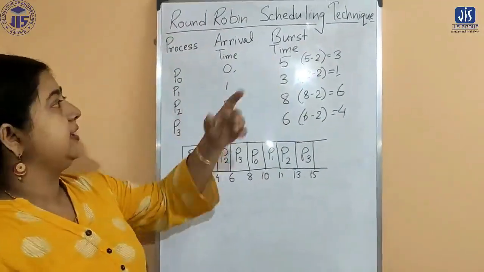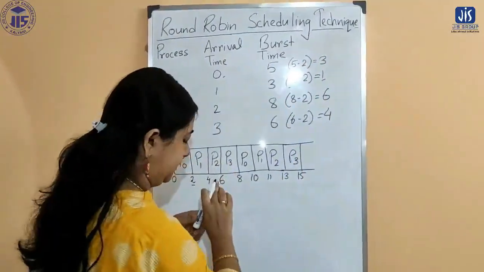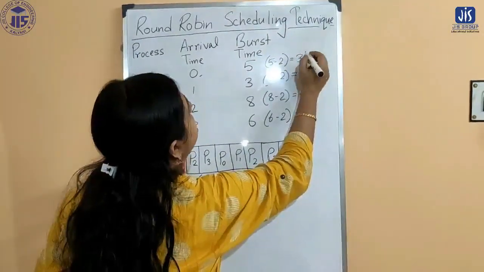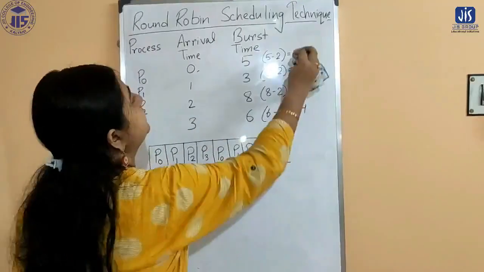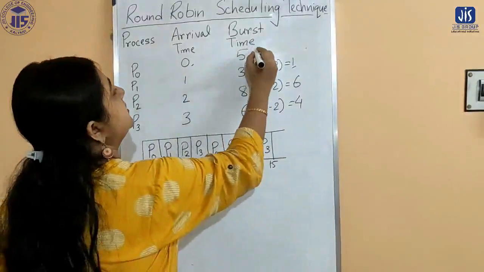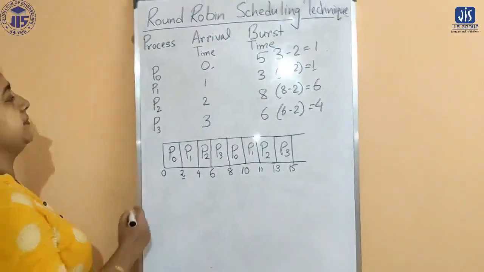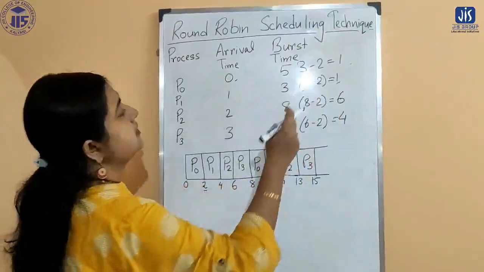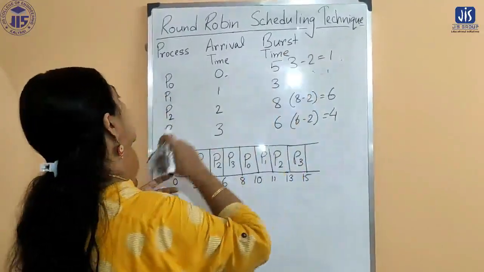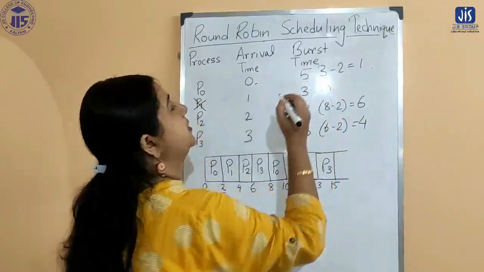Now we need to take care of what my situation is. For P0, it is basically 3 minus 2 equals 1 as the remaining time. For P1, previously 1 was the remaining time, so it is over. So P1 is not in my system and its remaining time is 0.